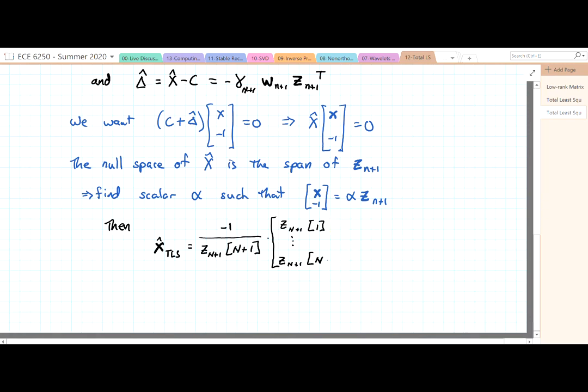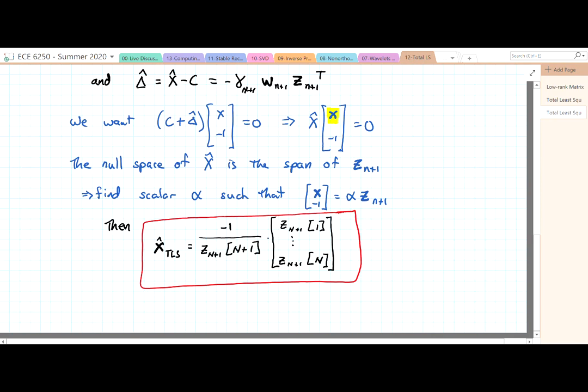Sorry, I actually misspoke. It's only up to term n. Why? It's because we are trying to find that vector there. And the minus 1 term is just there for the normalization. So this is our total least squares solution.